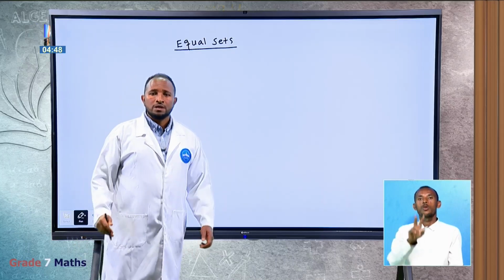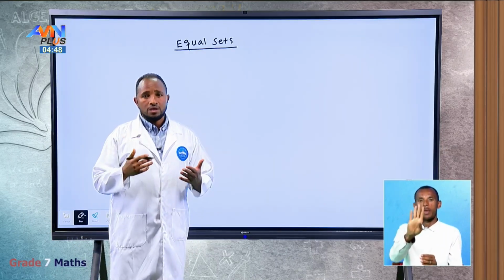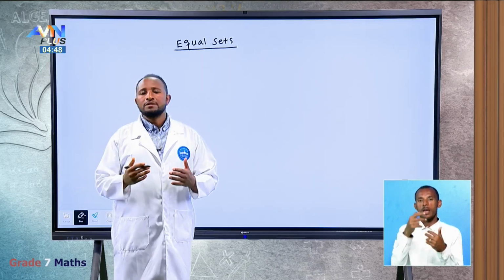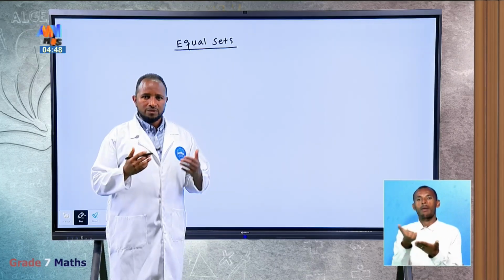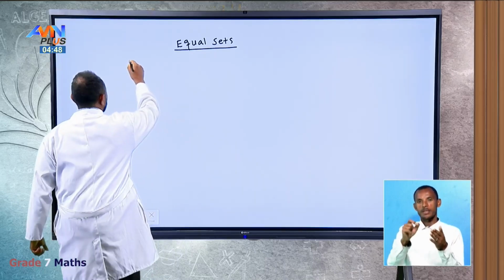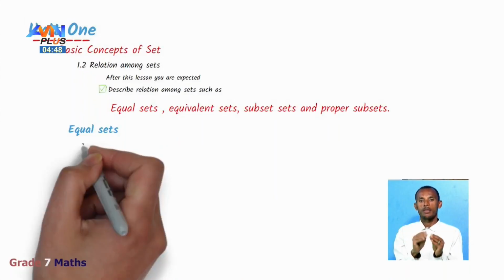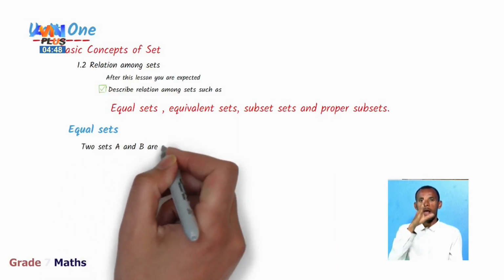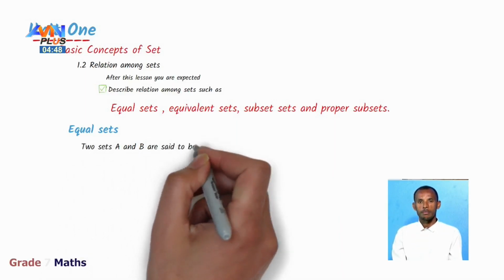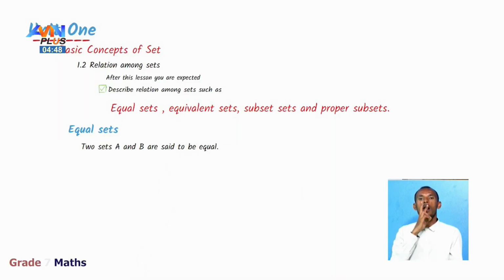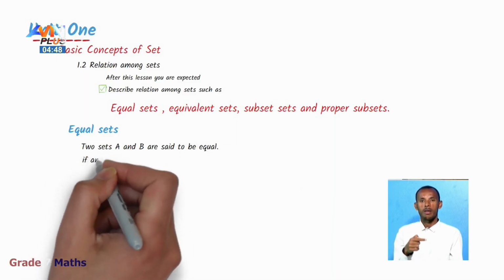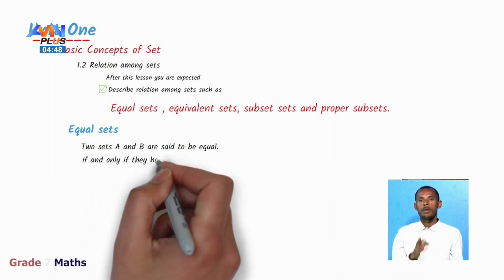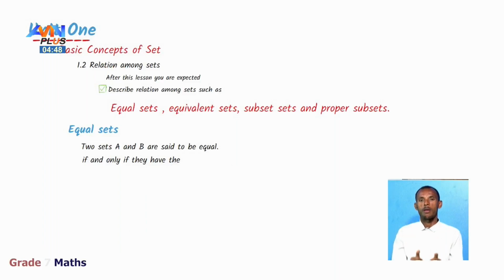Two sets A and B are said to be equal if and only if they have exactly the same elements. So let me write the definition.